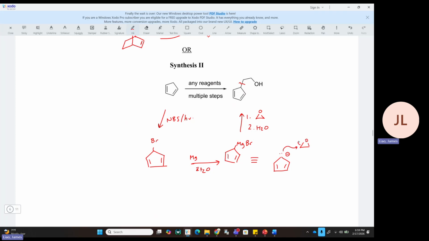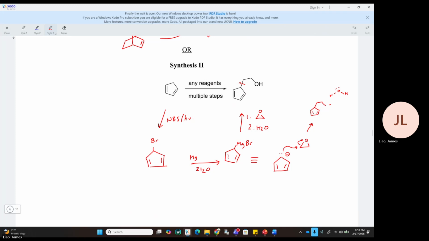This is going to attack, and the water molecule. This is a terrible arrow. That's the mechanism that translates from this step to this. Make sense? Yeah, Grignard acts like a base.